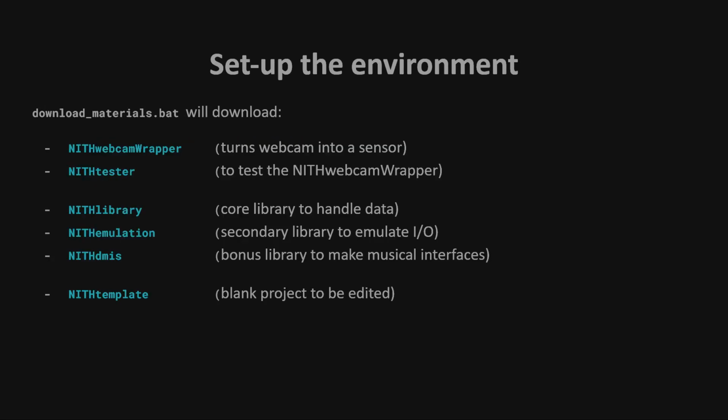This script will download the NITH webcam wrapper, which will turn the webcam into a sensor; NITHtester, which is a graphical user interface application that we will use to test if the NITH webcam wrapper is properly sending data; a set of 3 libraries, which are NITH library, NITH emulation, and NITH DMIs; and NITH template, which is a blank project for Visual Studio that we will edit and use as a base for our project.